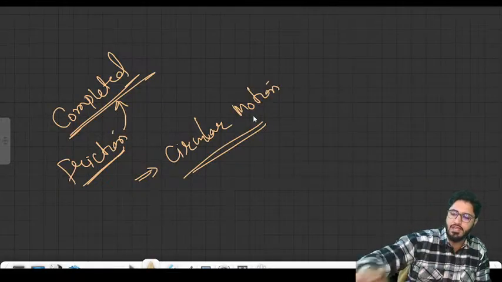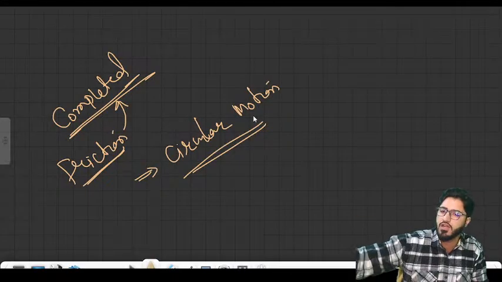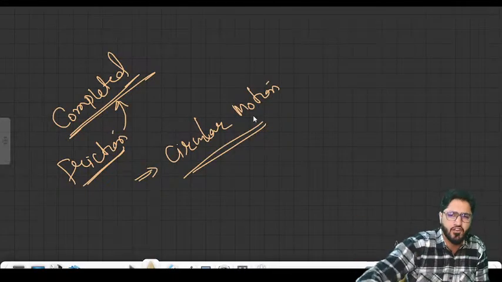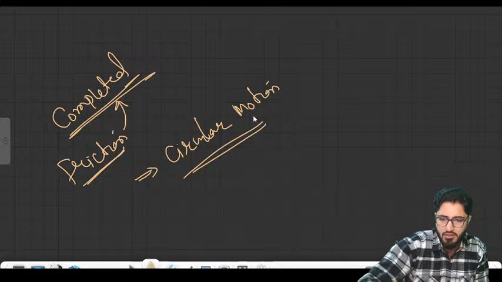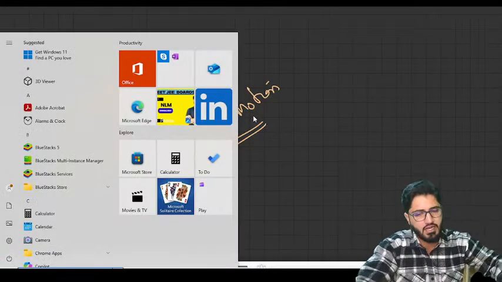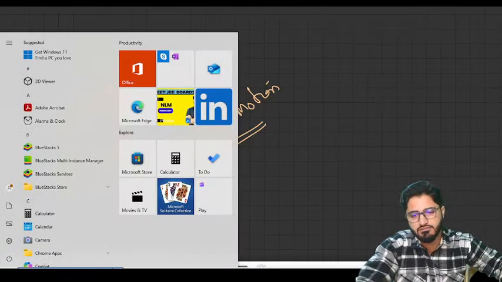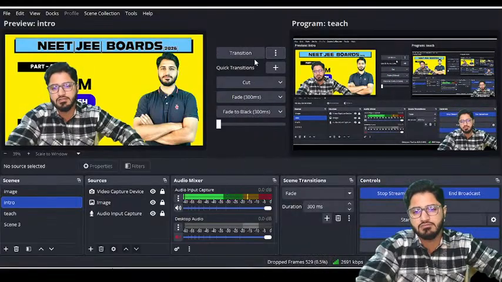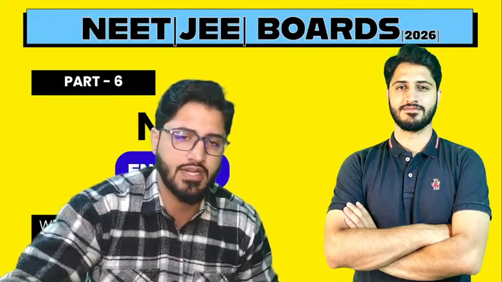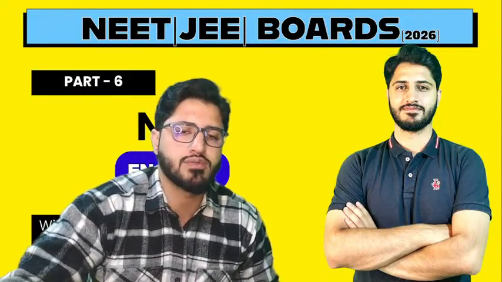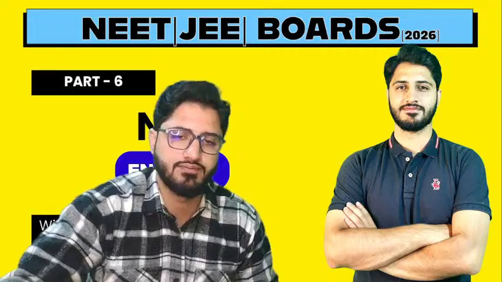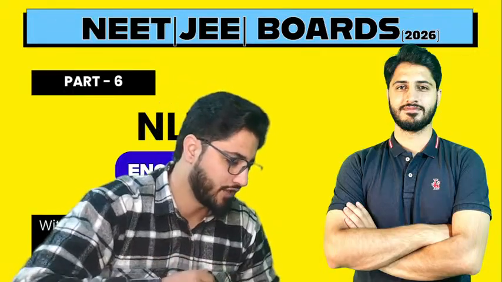We are keeping lectures of numerical practice problems separate for these things. I guess we are done with today's class. So let us hope for the best, and tomorrow we will have a class in the morning for electrostatics. So tomorrow most probably we will end electrostatics also.